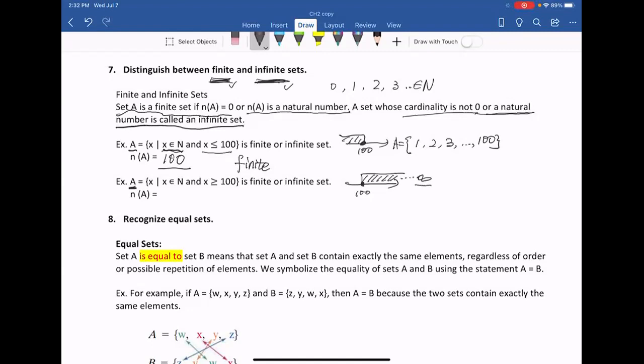So can you count how many elements are in the set? No, you can't. So I can't say a natural number or zero here. I should say this is infinitely many. So this is an infinite set.